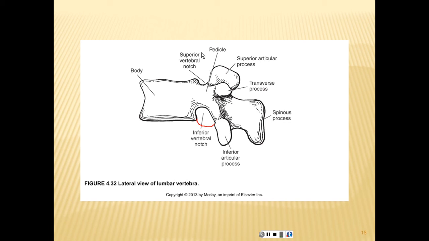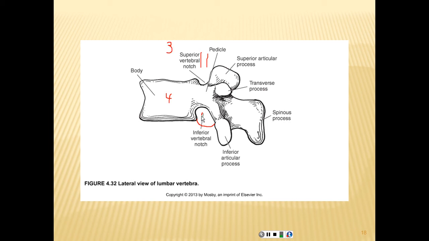The nerve will exit. If this was the spinal cord, we would call the nerve that exits here from this vertebral body. So if this is L4, L3 would be up there.